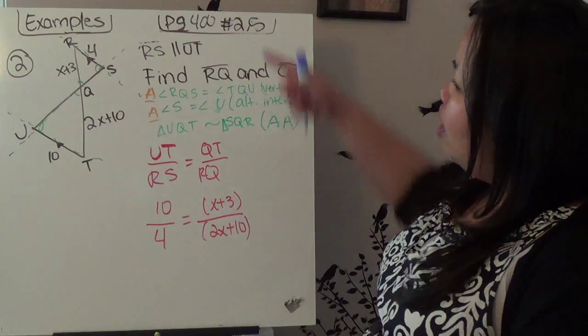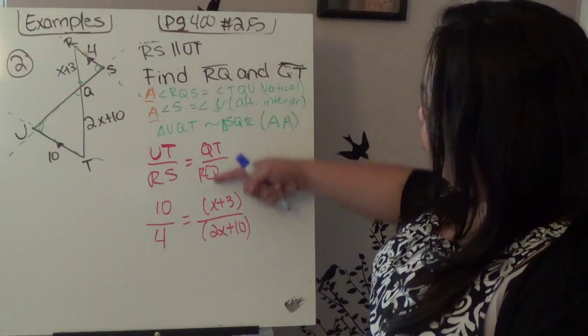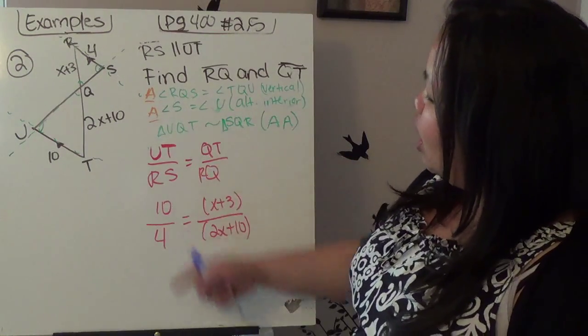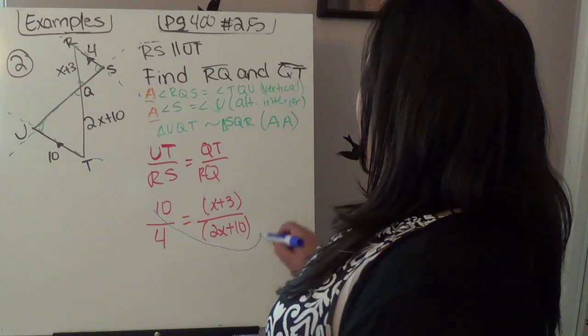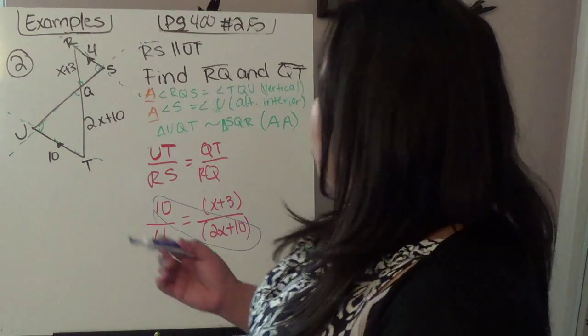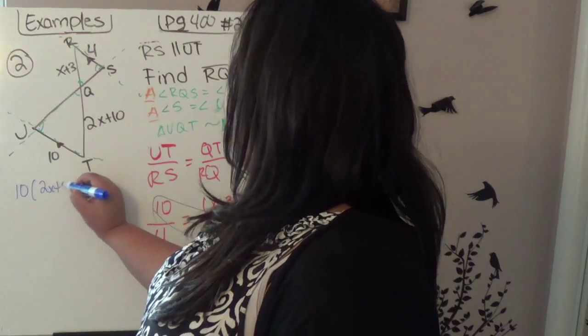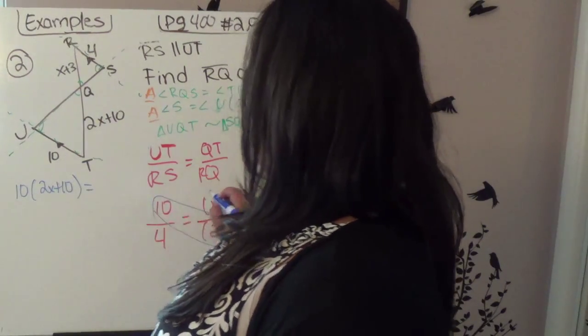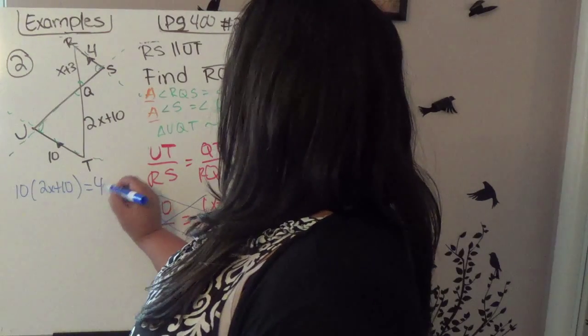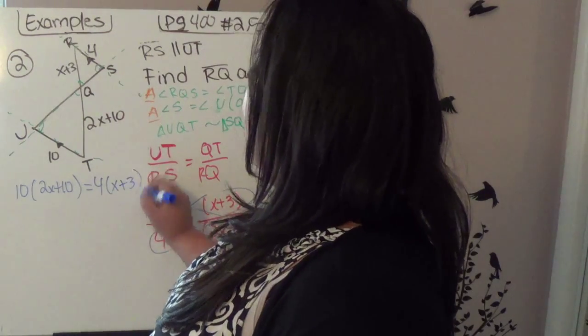So 7-3 is me setting all of this up. Once I have this set up, I plug it in and solve like I would a cross multiplication. 10 times 2x plus 10 equals 4 times x plus 3.